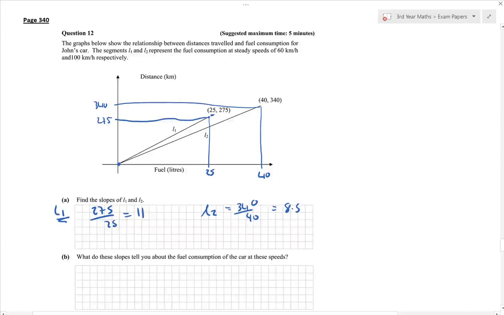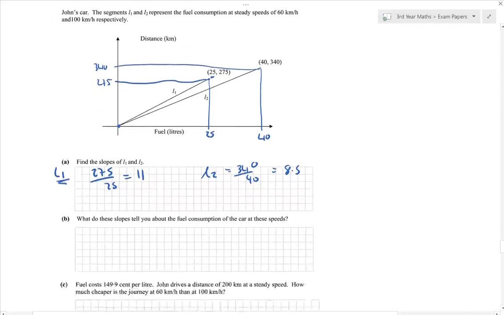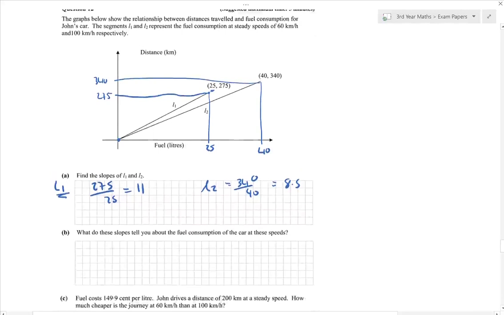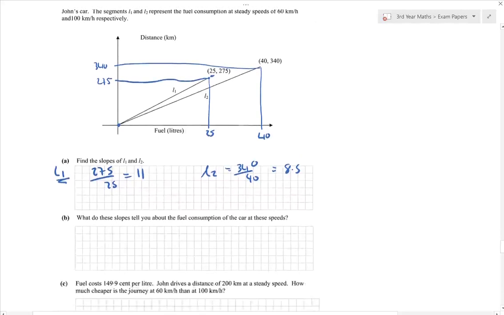The next thing it says, what do these slopes tell you about the fuel consumption? Okay, so the higher slope for line 1, we could say indicates that you get more kilometers per liter at the lower speed, or basically you can say more fuel is used at the higher speed.